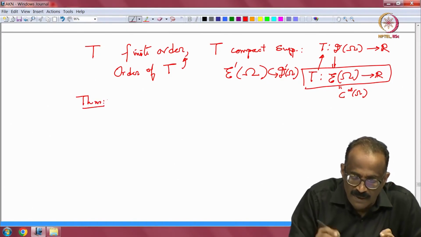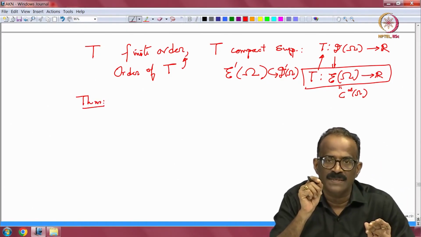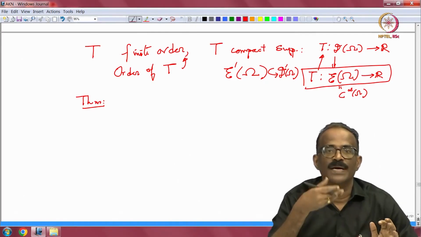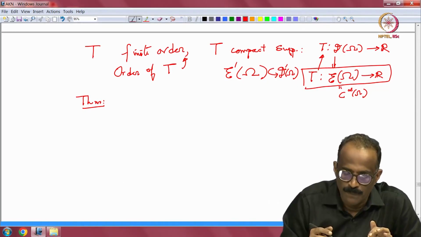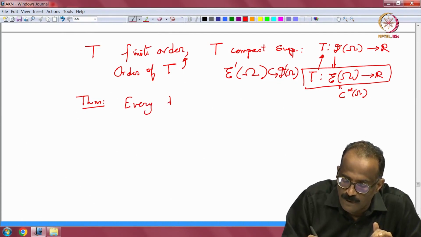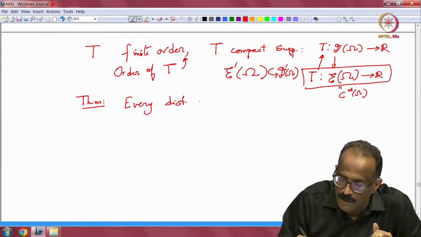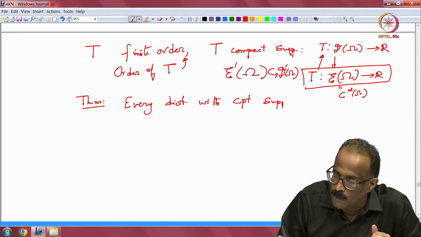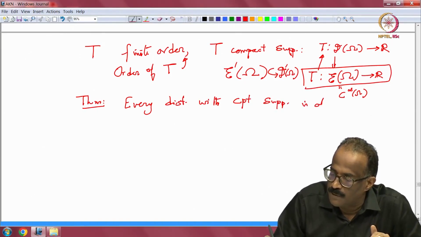The proof is short, but the proofs are subtle, though not that difficult once you get an idea of distributions. Theorem: every distribution with compact support is of finite order.